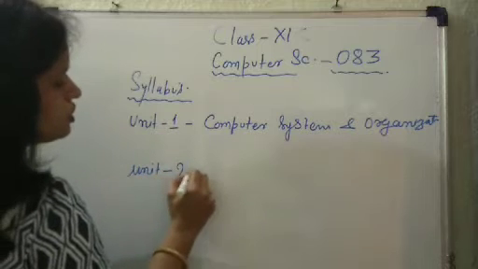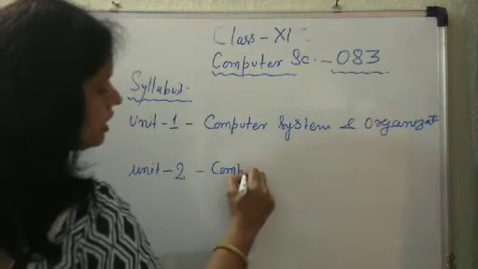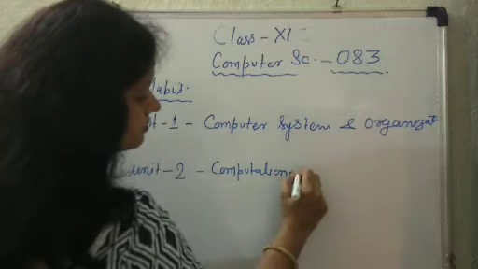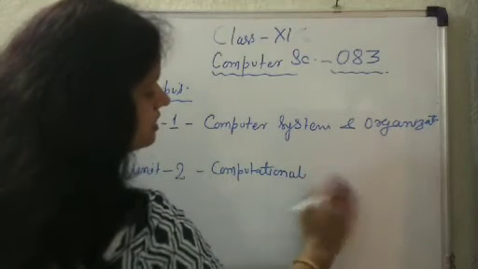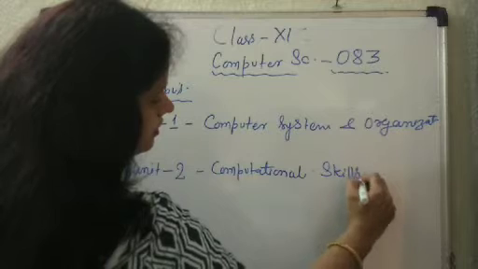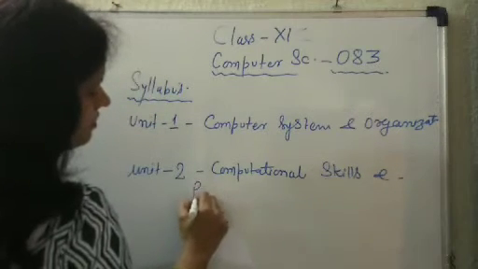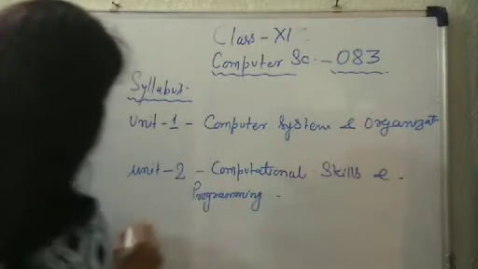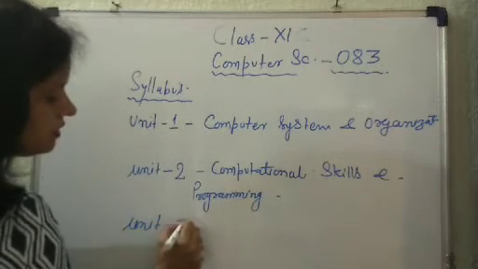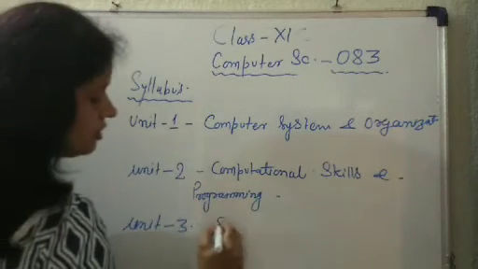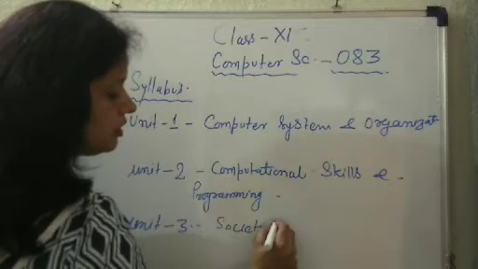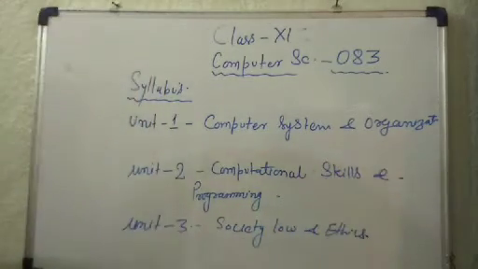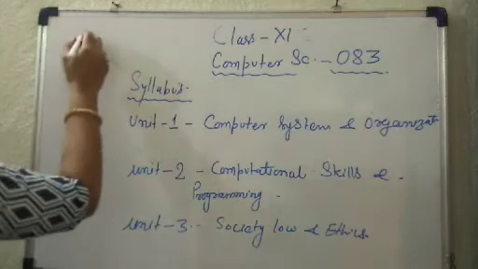Unit 2 is computational skills and programming. Unit 3 is society, law and ethics, right?